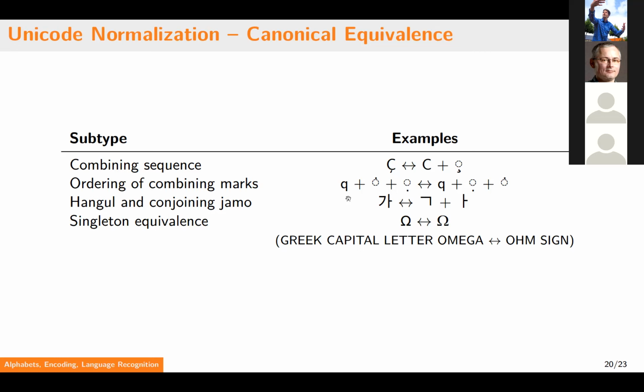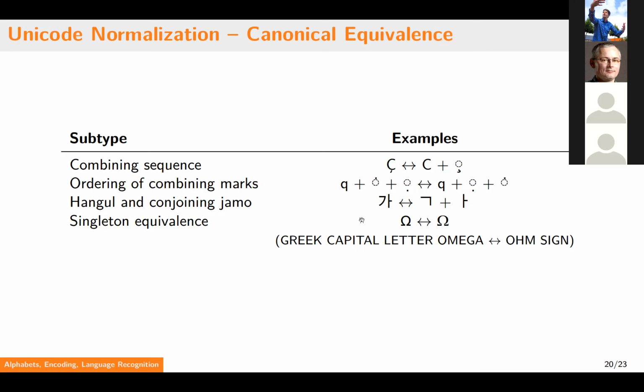Or sometimes you have two diacritics on one letter. In some languages this is possible, like Yoruba in Nigeria. So this is not from Yoruba, but you might have one dot above the letter and one dot below. And then again, both of them are combining. So you have three code points together that will give you the actual shape of the letter. And it doesn't matter whether you first show the dot below and second the dot above, or vice versa.